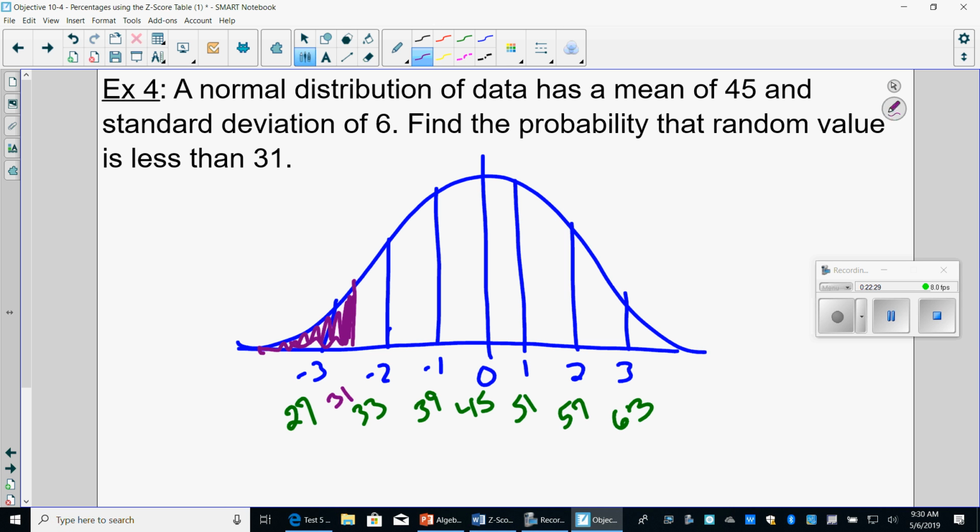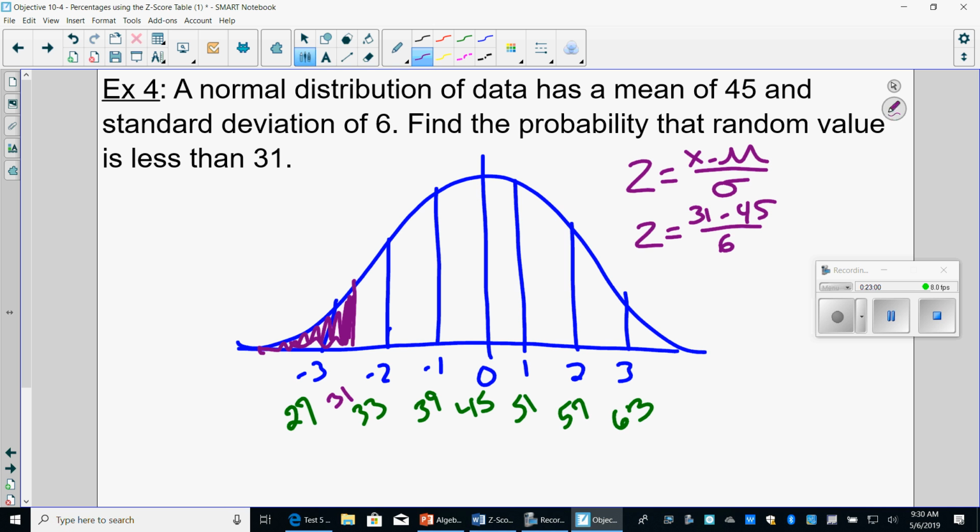All right, what's the first thing that I need to do? Change it to a z-score. You cannot read the z-score table unless your point is in terms of z-score. Okay, so how do I change 31 to a z-score? Very good. So what would this be? 31 minus 45 over 6.